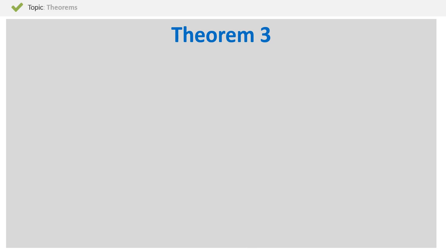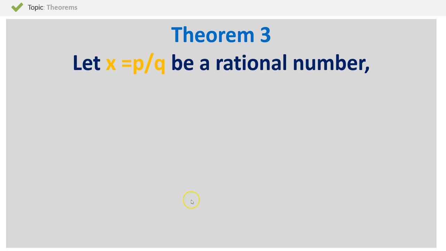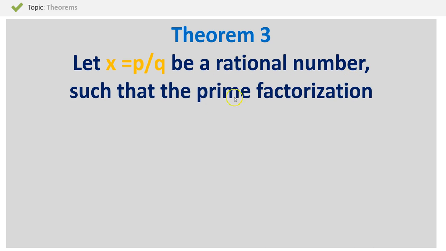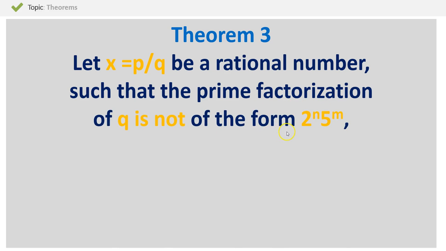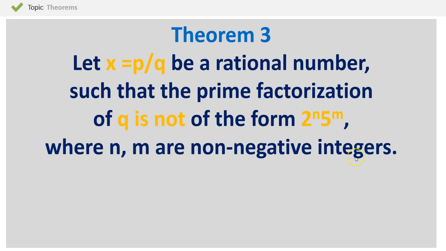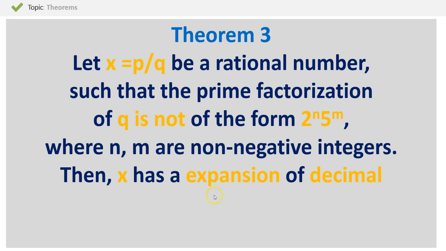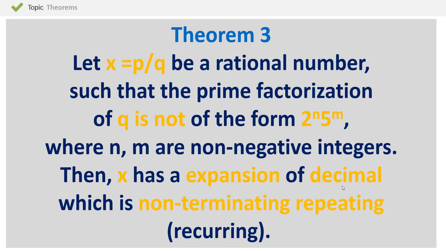Let's take a look at another theorem, which is our third theorem. Let x equal to p by q be a rational number such that the prime factorization of q is not, remember, it is not of the form 2 to the power n and 5 to the power m, where n and m are non-negative integers, then x has a decimal expansion which is non-terminating, repeating, and hence recurring.